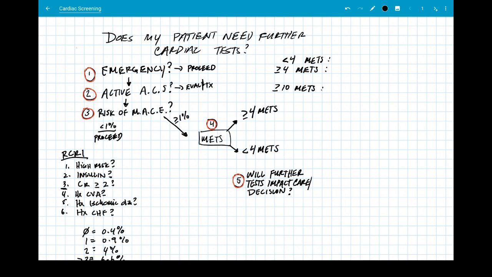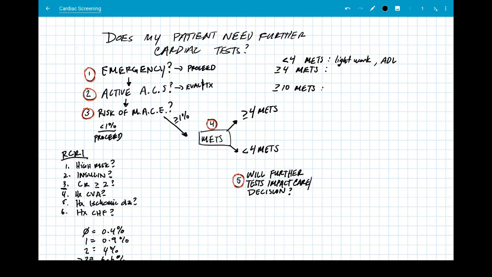But essentially, you're asking what the patient's exercise tolerance is. Less than 4 METs are things like light work around the house and activities of daily living, doing the dishes, vacuuming, sweeping.